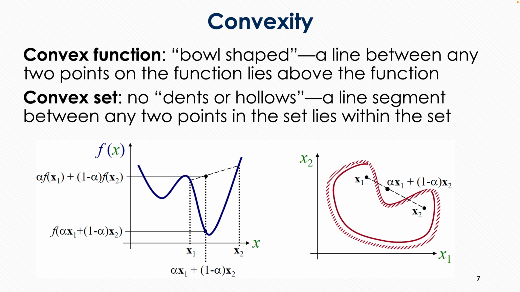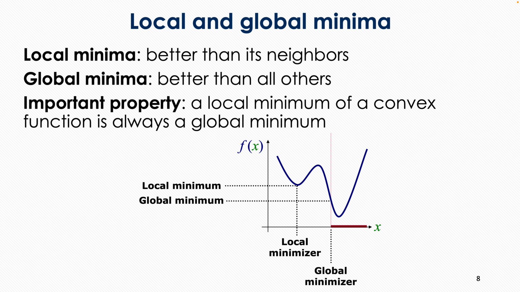And the reason why convexity matters so much, right, is if I want to find the minimum of this function, and I come over here, I'm going to be able to look at my derivatives, see that it's 0, look in both directions, see that it's going up, and say, oh, I found a minimum. But this might not be the right answer, right? So there are local minimums and global minimums.